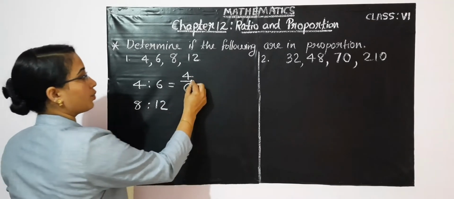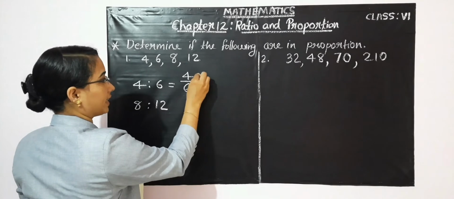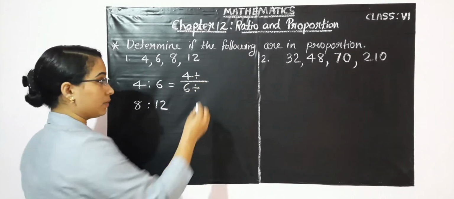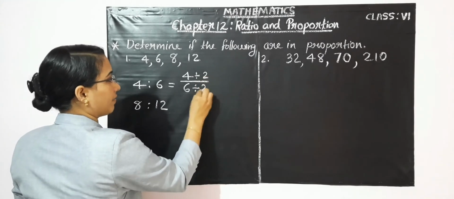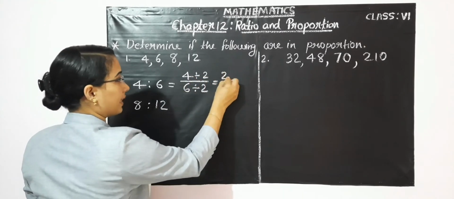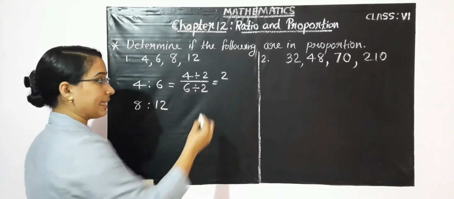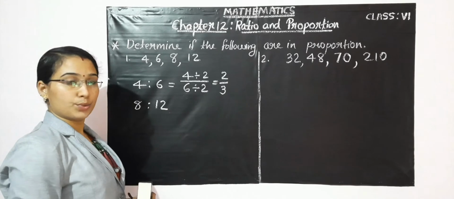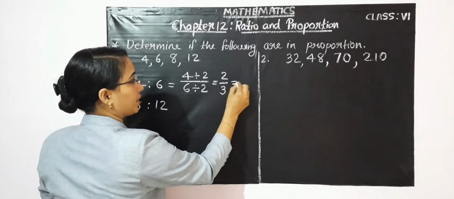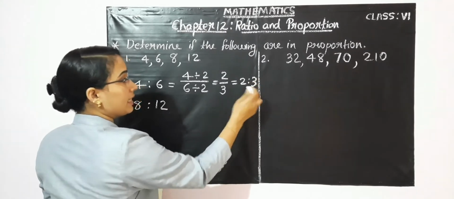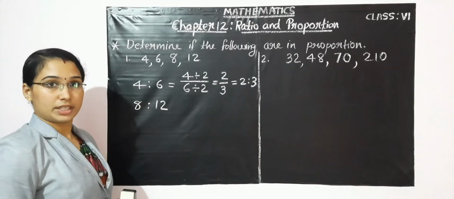Here 2 is the highest common factor, so we can divide both the numerator and denominator by 2. Then 4 divided by 2 is 2, and 6 divided by 2 is 3. So we get 2 by 3, which we can write as 2 is to 3. 2 is to 3 is the simplest form of the first ratio.